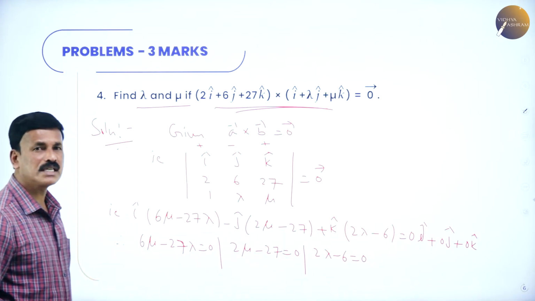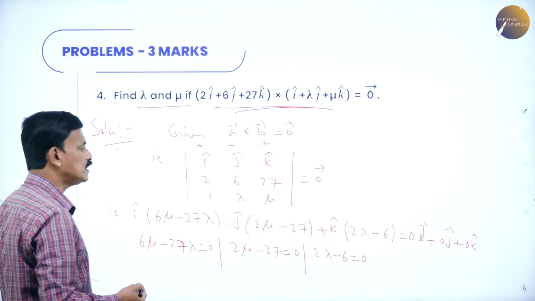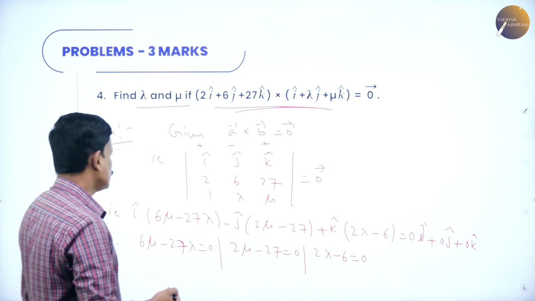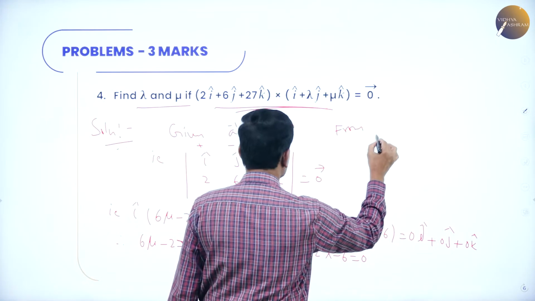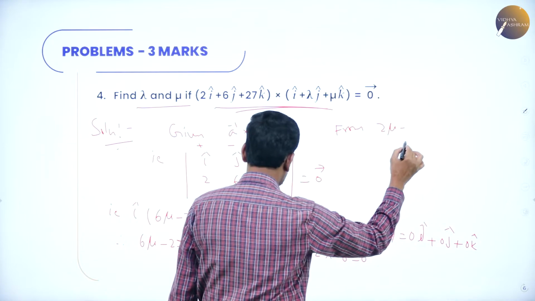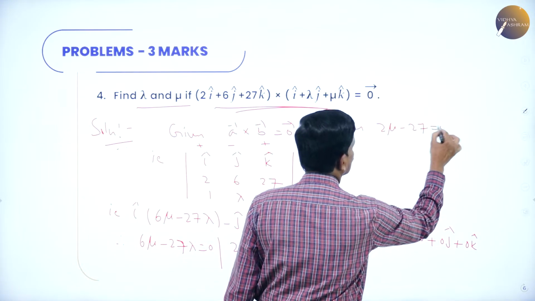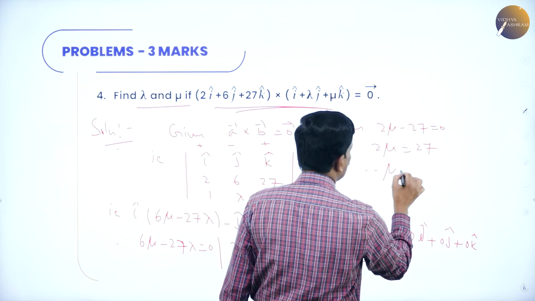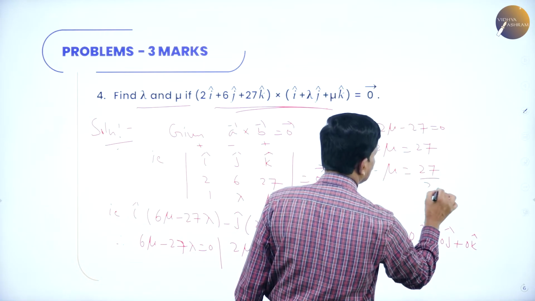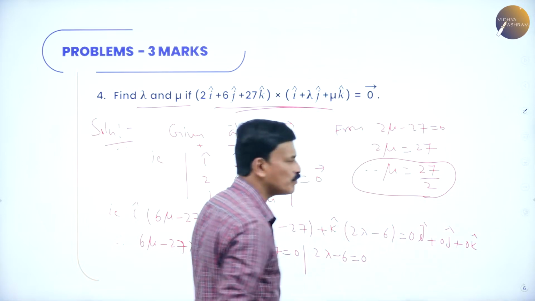Now solve this, you will get the values of mu and lambda. From 2 mu minus 27 equal to 0, 2 times mu is equal to 27. Therefore, mu is equal to 27 divided by 2. This is the value of mu.